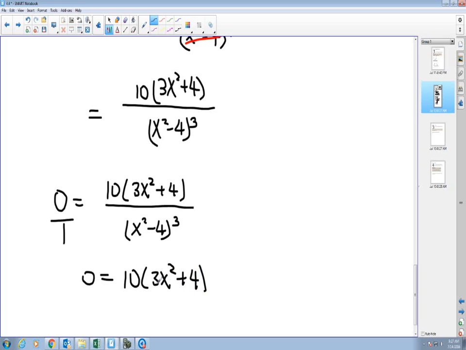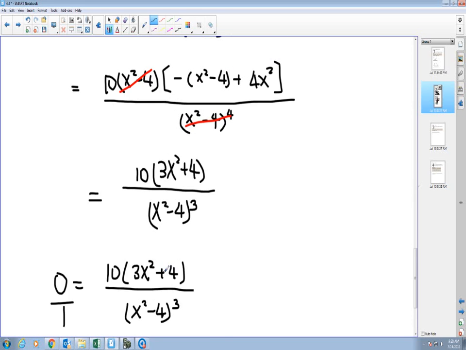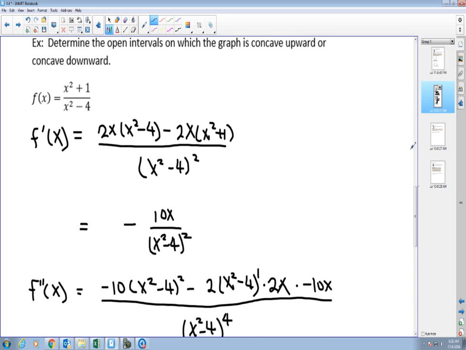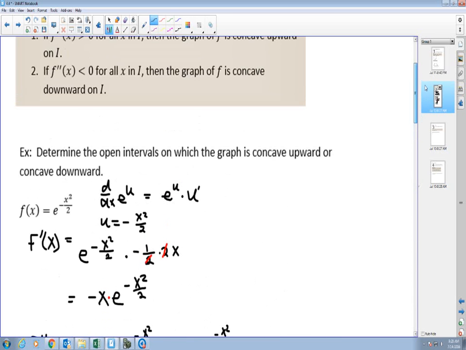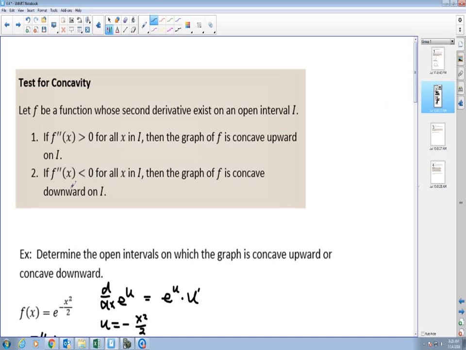So if I set 3x squared plus 4 equal to 0, if I set this factor equal to 0, I actually end up with imaginary numbers. That tells me I cannot actually use this test for concavity.